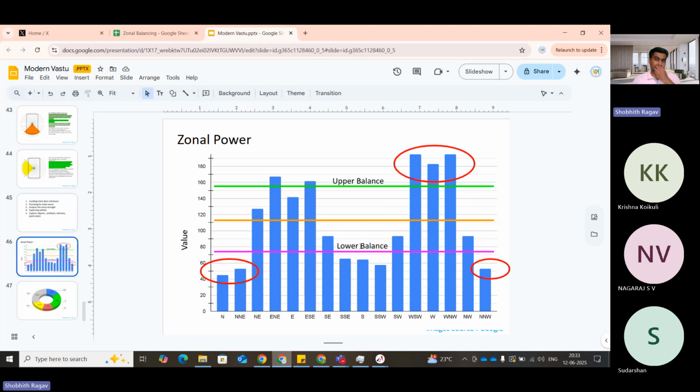Okay, so this is one example. Many people are not attending. If you have your own house plan, you share it with me. Maybe next class we will try to map the zonal strength and match some symptoms.